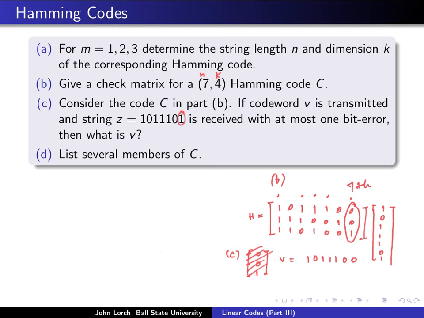Okay, so remember we have this check matrix, and it's broken up into 2 parts, right? We have this matrix A on the left, and we have the identity matrix on the right.